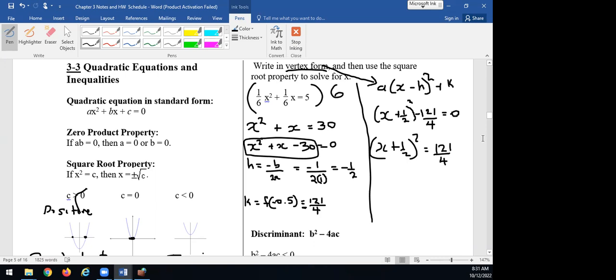Now, if I'm using the square root property, what's the first thing I need to do? To cancel the square term here. Square root both sides. Good. So go ahead and square root both sides, everybody. So you're going to have x plus 1/2 is going to equal plus or minus the square root of 121/4.